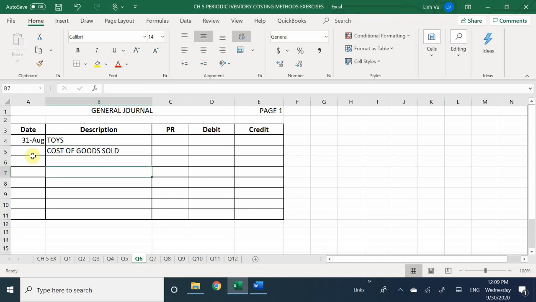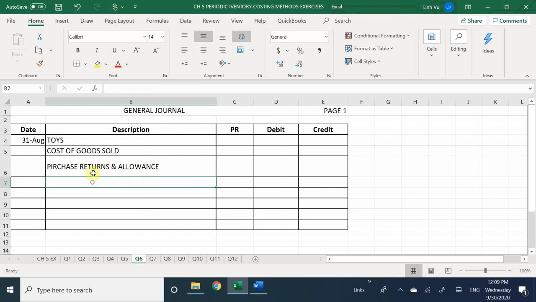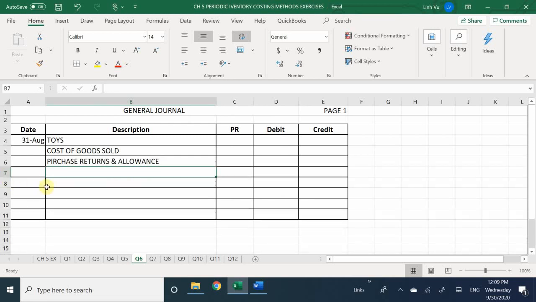And we also have a purchase returns and allowance. All right, I'm going to expand my journal just a bit. So I have a purchase returns and allowance. I also recognize that I have my purchase expense and my freight expense.